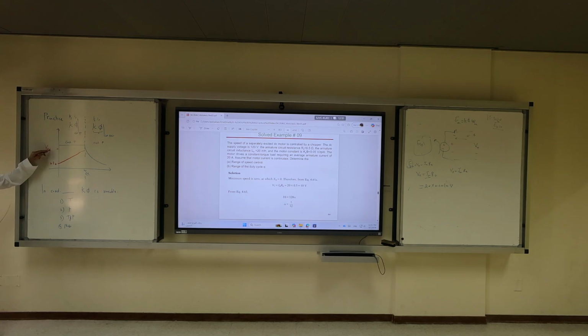V rated. So I need to start from 10 to 250 in order to satisfy constant torque. This is only for constant torque. If I have a fan, is this applicable? No, because a fan is not a constant torque. If I want to fix the torque, I need to reduce the voltage at low speed and keep increasing.